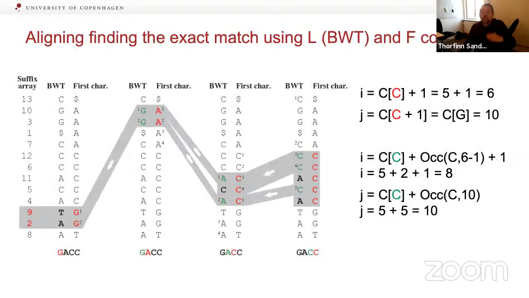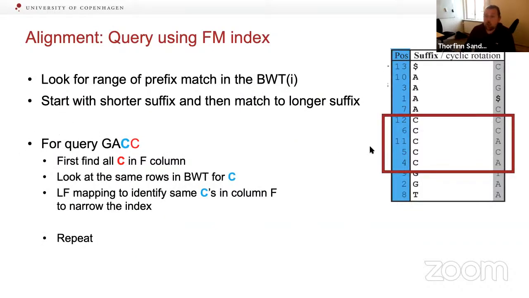Okay, an example here, again, the same sequence. Visually, I think it's very beautiful, very didactic. We start with a C, okay? Then we search for all those where the Burrows-Wheeler transform is also a C. So in this situation here, it's the 3rd C, the 4th C, and the 5th C. Okay, then we go back and look at our original sequence here again.